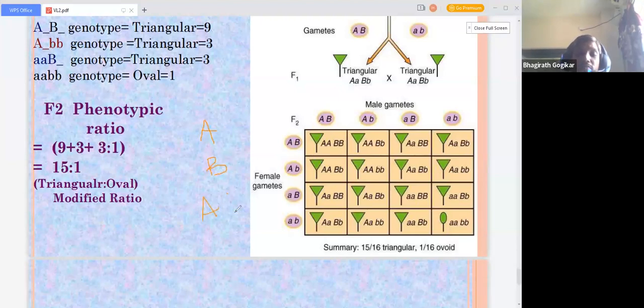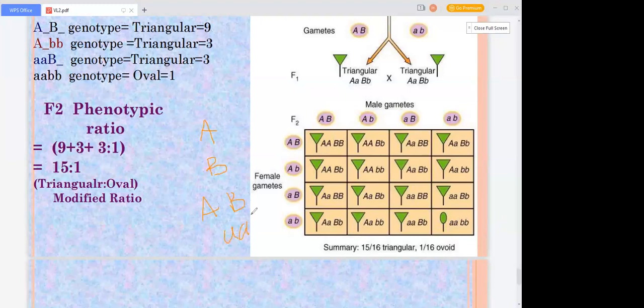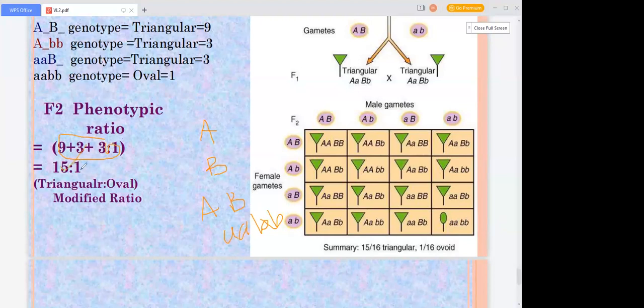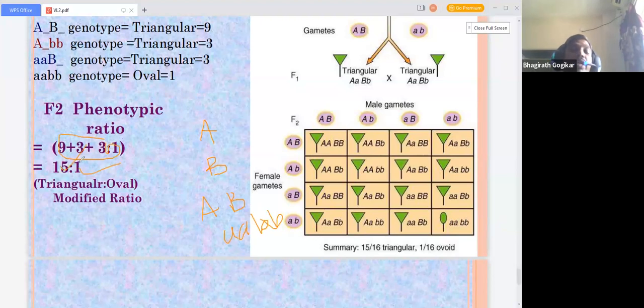Both collectively also produce triangular. The different pod appears only in the recessive condition. So that's why these three values are united: 9 plus 3 plus 3. How much is it? 15. It is 15 to 1. So this is the best example for duplicatory genes.